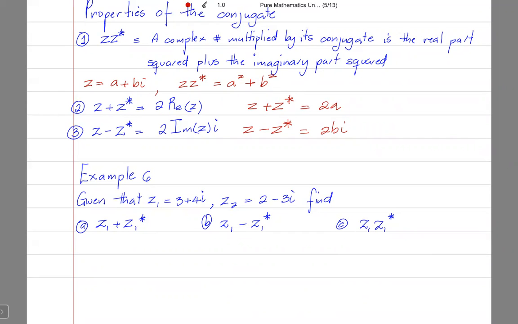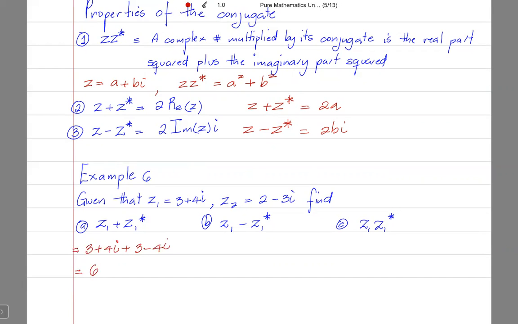We are to find Z1 plus the conjugate of Z1. So this would be simply Z1, which is 3 plus 4i, plus the conjugate of Z1, which is 3 minus 4i. If I add them, I'm going to get 3 plus 3 is 6, and 4i plus minus 4i would be 0. So that should be clear.